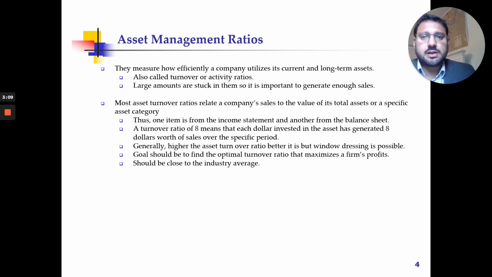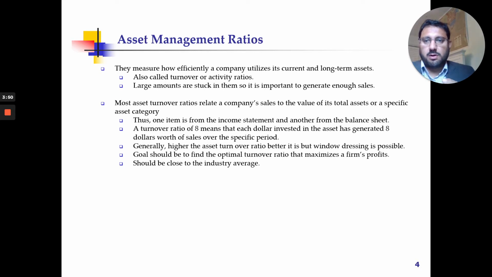These ratios are also called the turnover or activity ratios. Whenever the name turnover comes to your mind, it is associated with times, that is, how many times over a particular period. If we are considering the financial statements for the whole 1 year, then if a certain turnover is 8, it means that a particular asset is generating 8 times its value in terms of sales in that particular year.